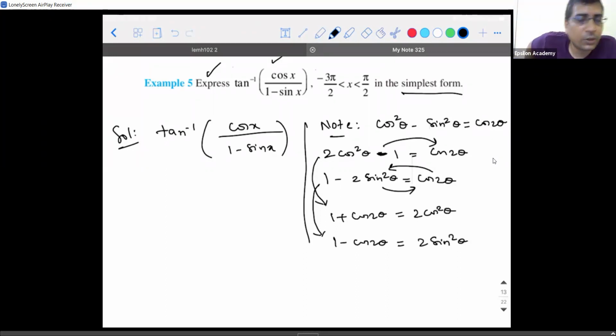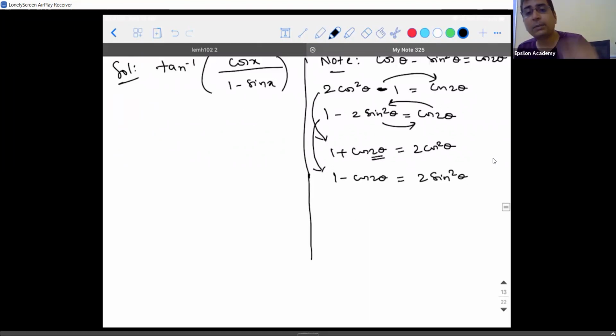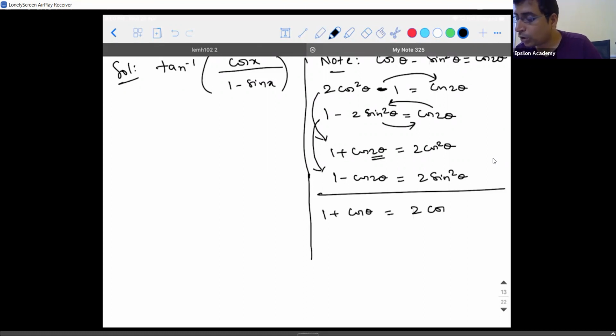Guys, I hope you are making a note of it. Now comes an important point. Instead of 2 theta, if I replace it with theta, what will I get? 1 plus cos theta will be 2 cos square theta by 2, because when it was 2 theta the angle was exactly half of it. So if it is theta here, it will be half of it.